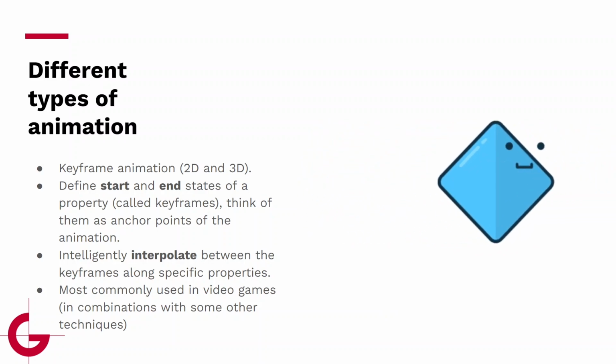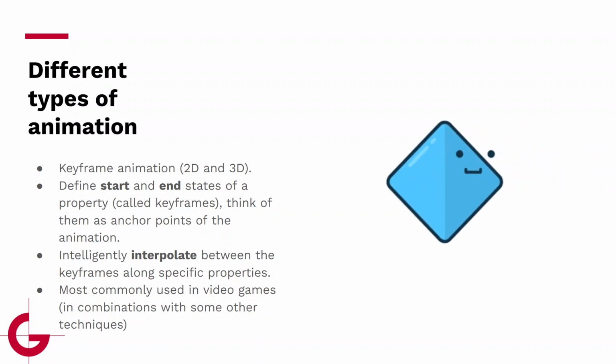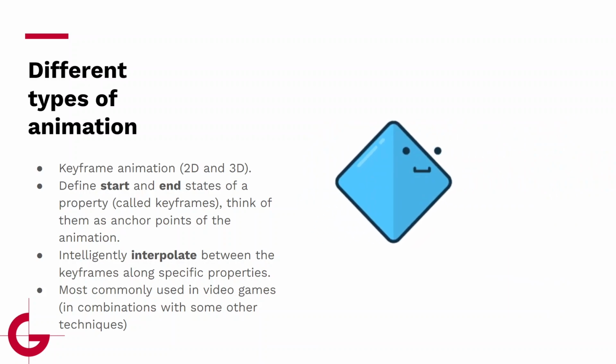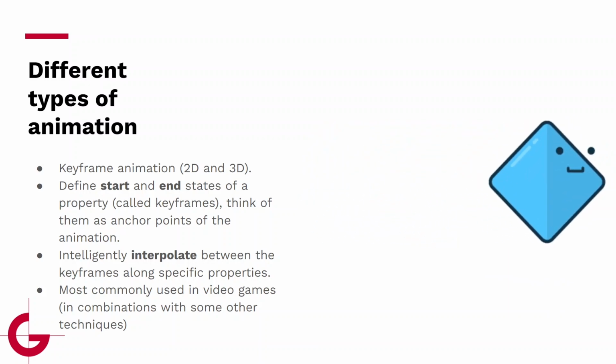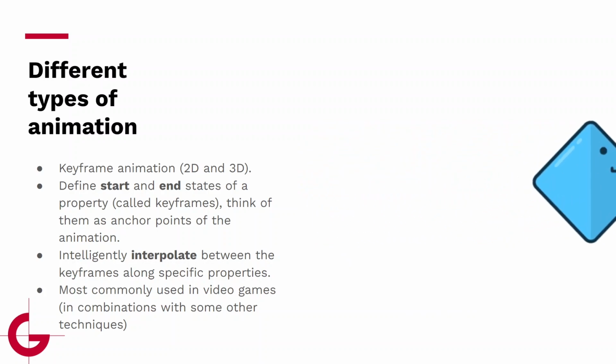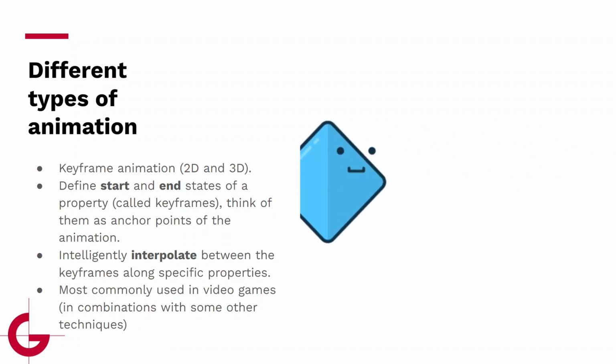Think of them as anchor points for the animation. Then whatever program you're using to animate will smartly interpolate between these keyframes of specific properties.